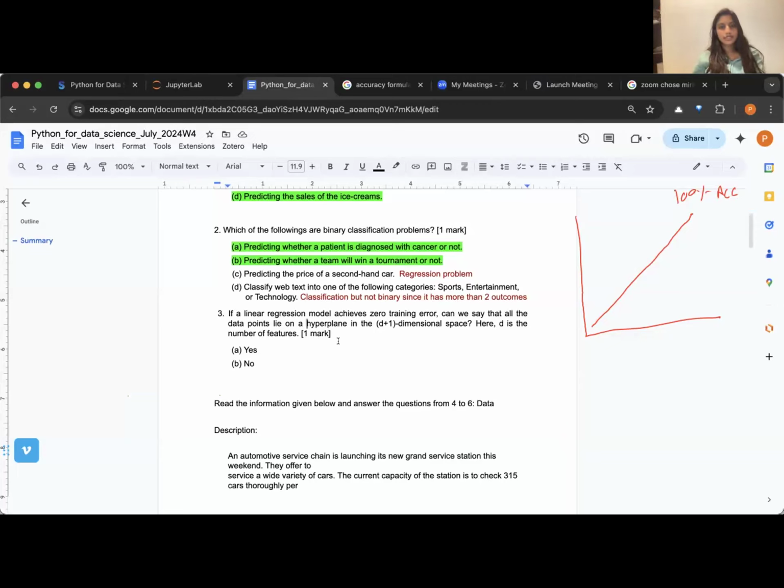Here d is the number of features. So here you don't overthink. You don't even have to worry about this part. You just think: can we say that data points lie on a hyperplane?